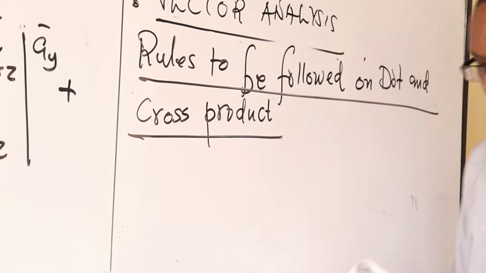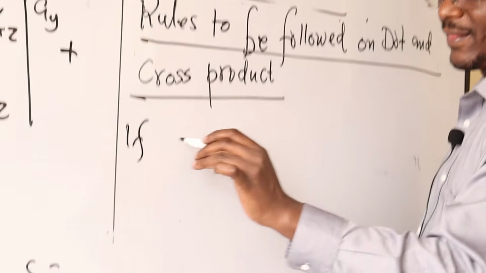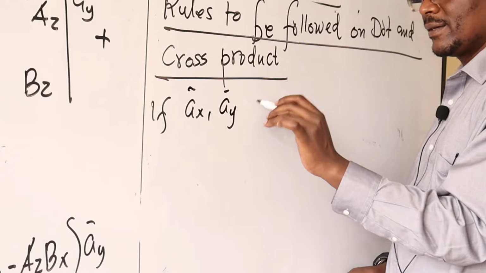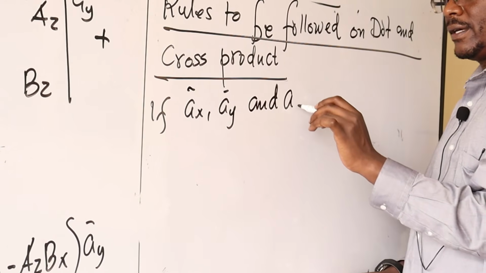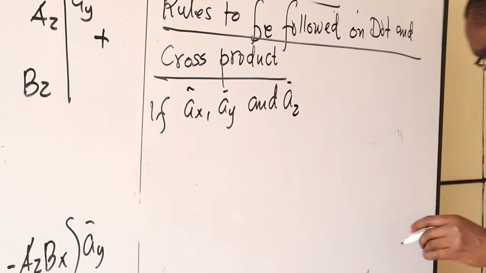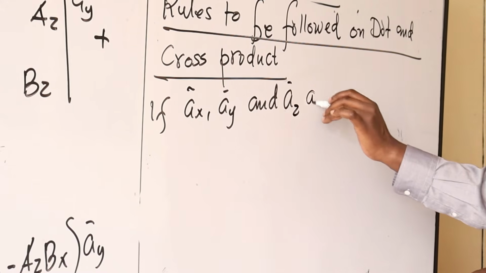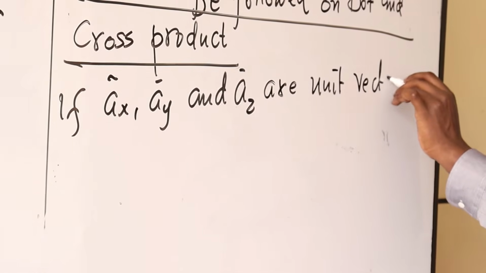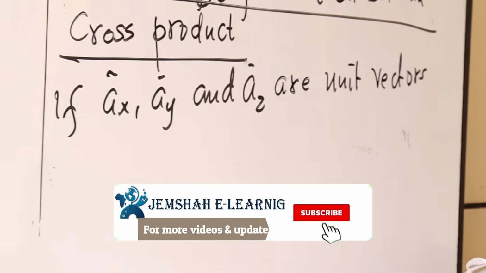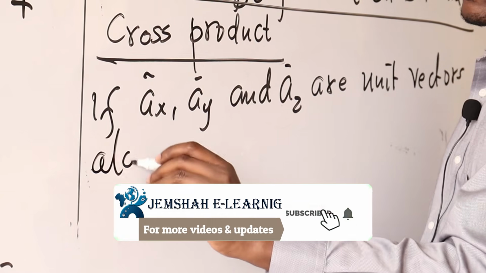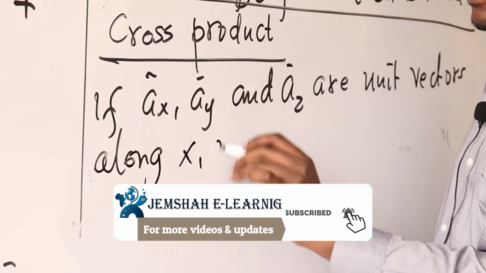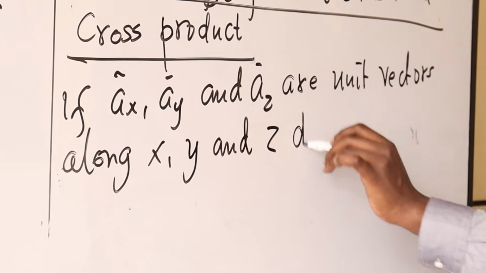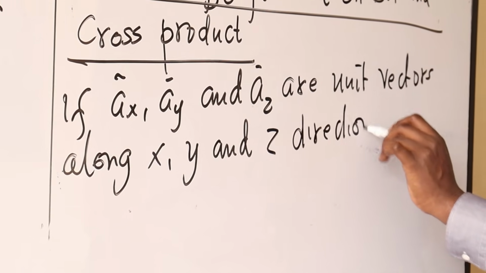Now, say AX bar, AY bar, and AZ bar are unit vectors along the x, y, and z directions, that is the Cartesian coordinate system.